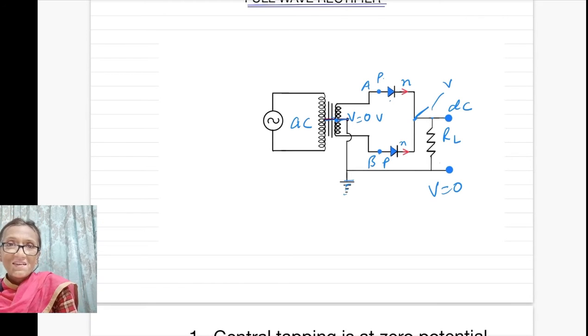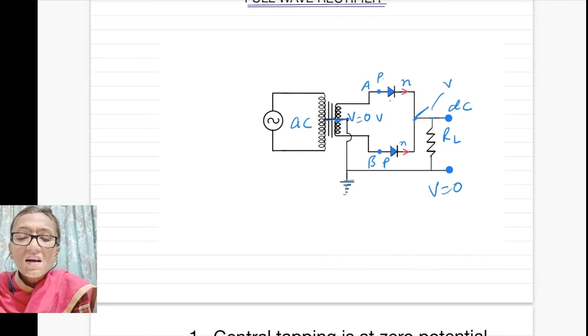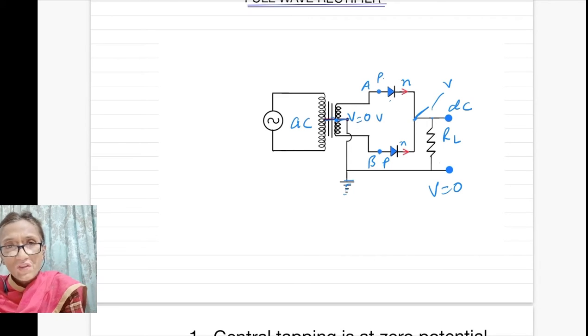Now see what will be the nature of the current. For the first half of the time period, T by 2, point A is at positive potential and it is connected to the P side of this PN junction diode. So forward bias, so it will allow current through it.